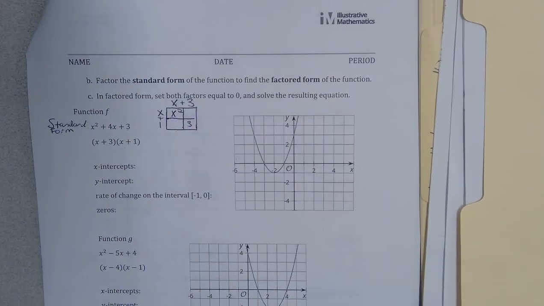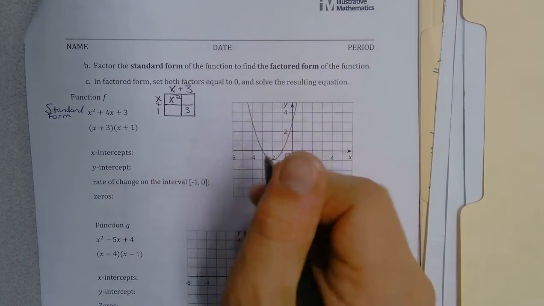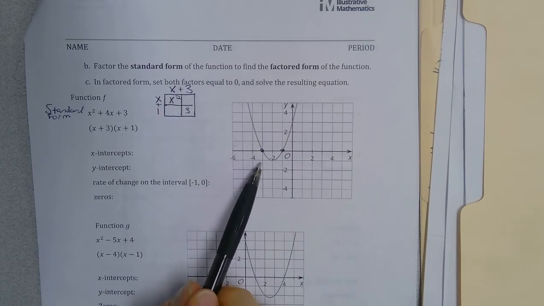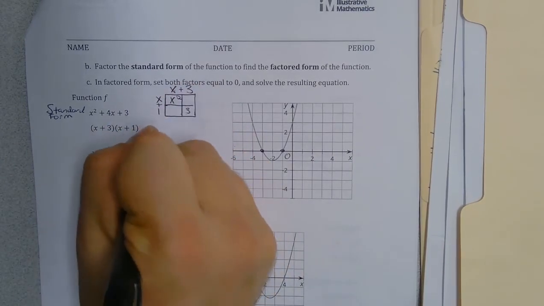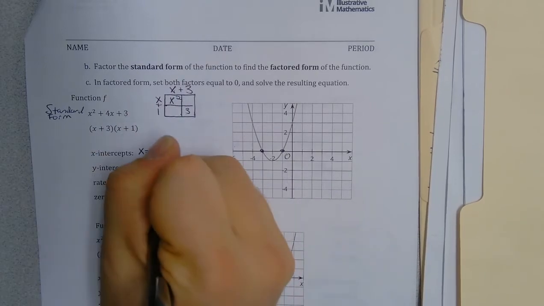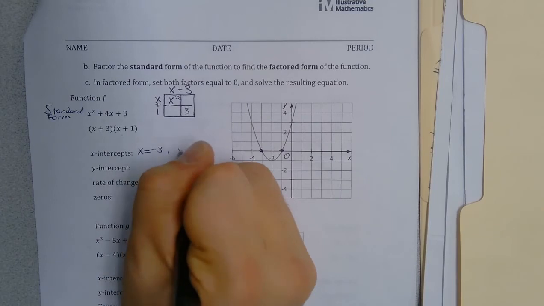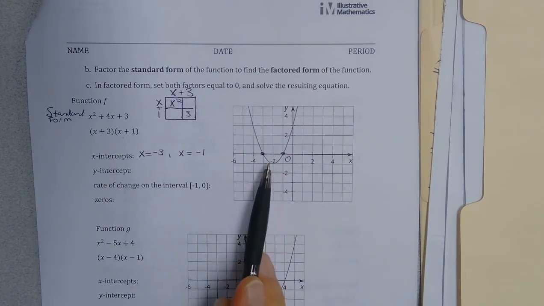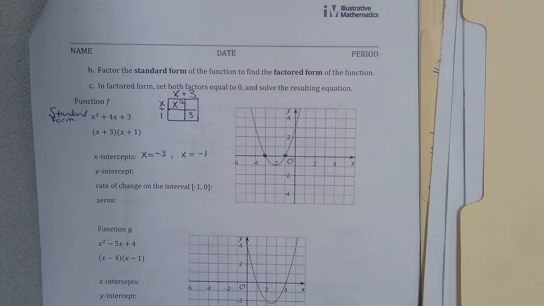Now, a couple things that I want you to notice. We have two x-intercepts right here and right here. So we have x-intercepts at x equals negative 3 and x equals negative 1. I'm going to show you how to find the x-intercepts, those are also called zeros.